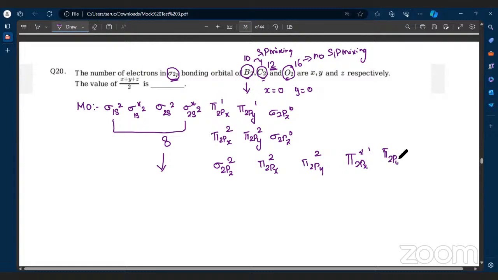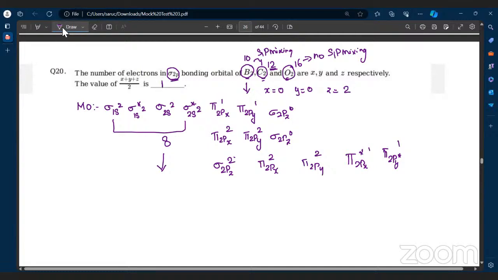So this is the total configuration of O2. Now we have to do it for sigma 2pz only. For sigma 2pz bonding orbital, you have 2 electrons. So the Z value is going to be 2. So X plus Y plus Z by 2 is going to be 2 by 2, so 1. The answer is going to be 1.